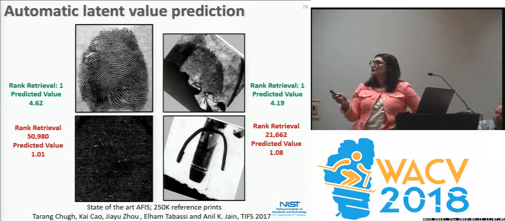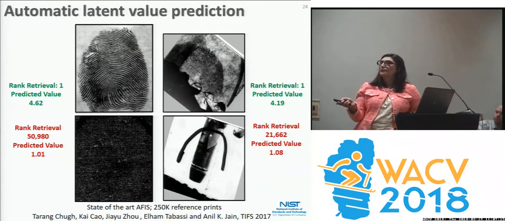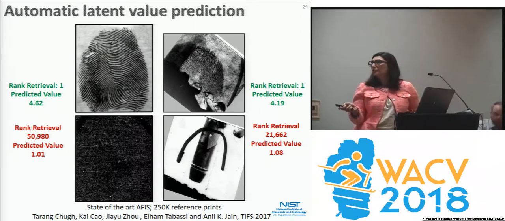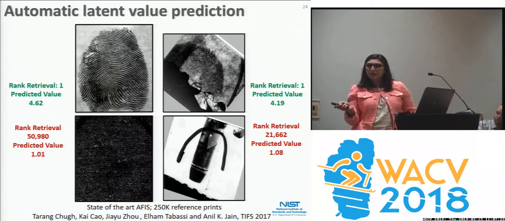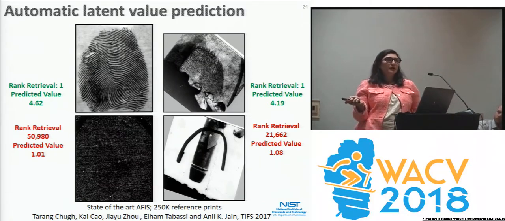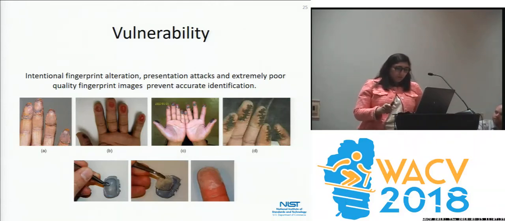So what I show you here is a method and algorithm that we developed with MSU, Dr. Jain's lab, that takes a latent and measures its information content or quality. I put some examples here. There is a TIFS paper where you can read the results. It does correlate with both automated matching algorithm accuracy and human examiner accuracy.